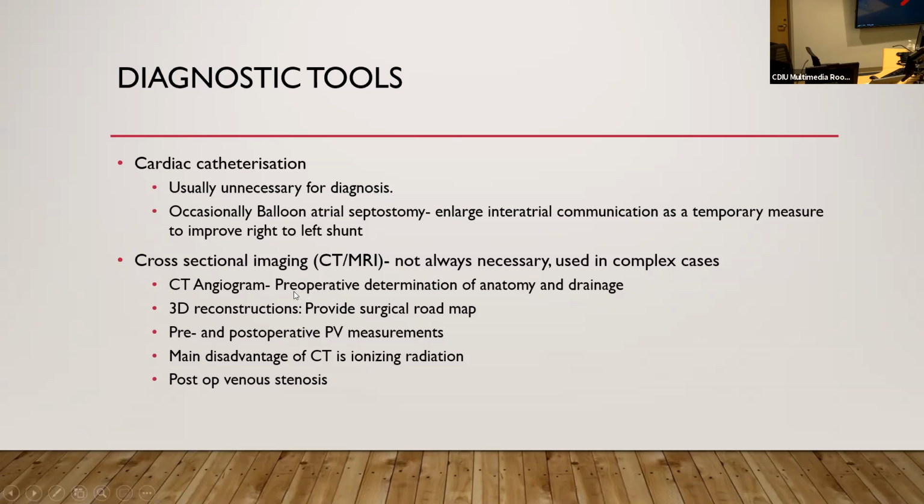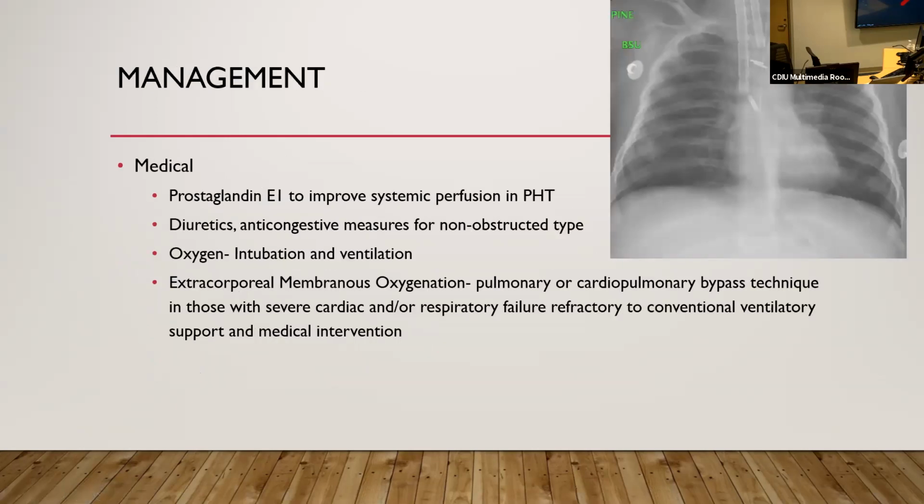What the CT angiogram gives you is preoperative determination of the exact anatomy and drainage, and your 3D reconstruction provides the surgeon with a surgical roadmap. And then you can compare the pre- and post-operative pulmonary vein measurements, if you're worried about post-operative stenosis.